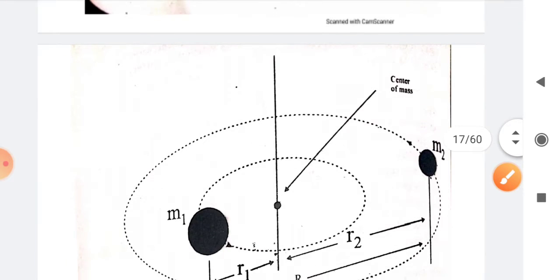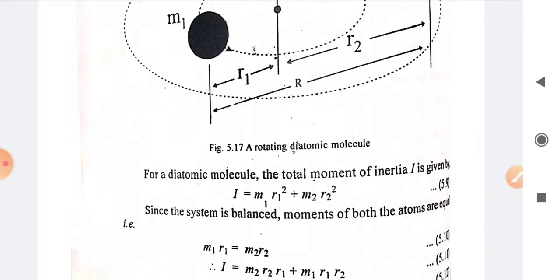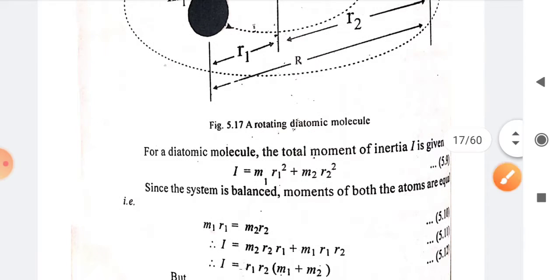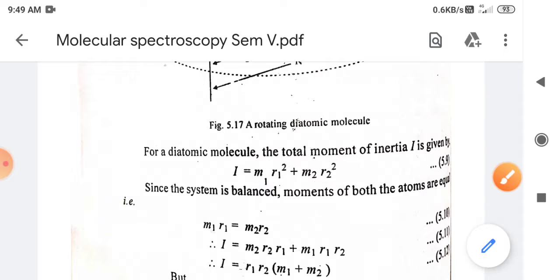Now for the diatomic molecule, what is the total moment of inertia? It is the moment of inertia due to the first atom plus the moment of inertia due to the second atom. So the total moment of inertia I comes out to be m1 r1 square plus m2 r2 square.